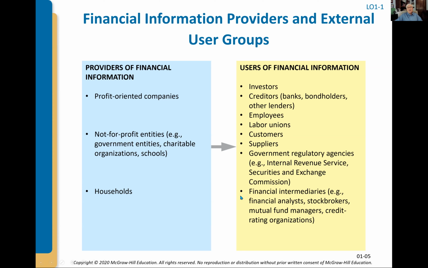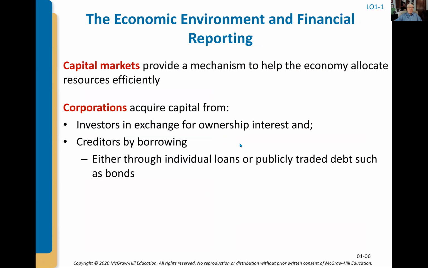So here, look at all the various and sundry users of that information. All people you would expect. So we talk about capital markets. Those are the markets that allow people to invest in the company efficiently. Think about the New York Stock Exchange that provides a listing of companies and their stock prices.